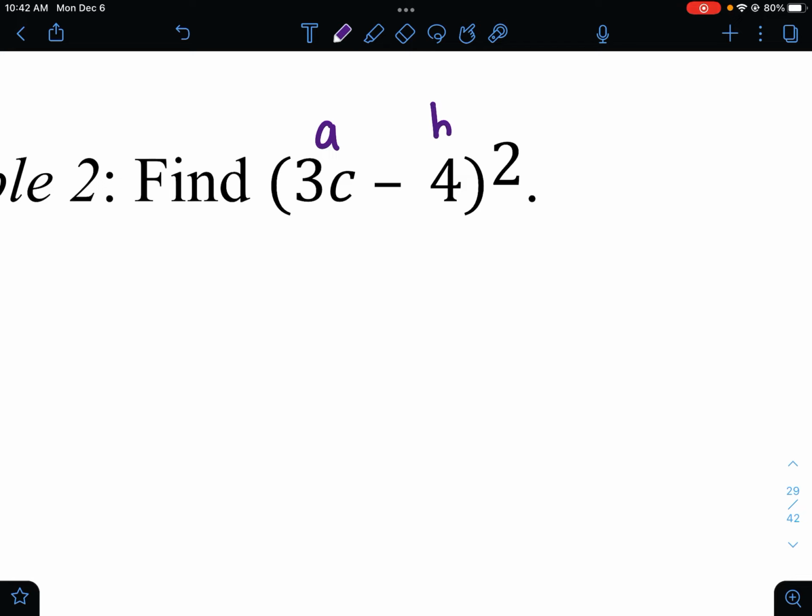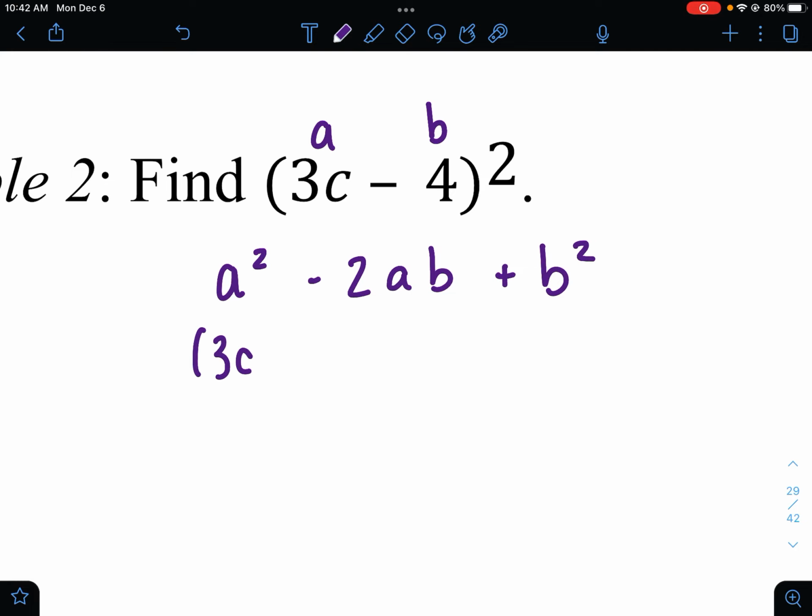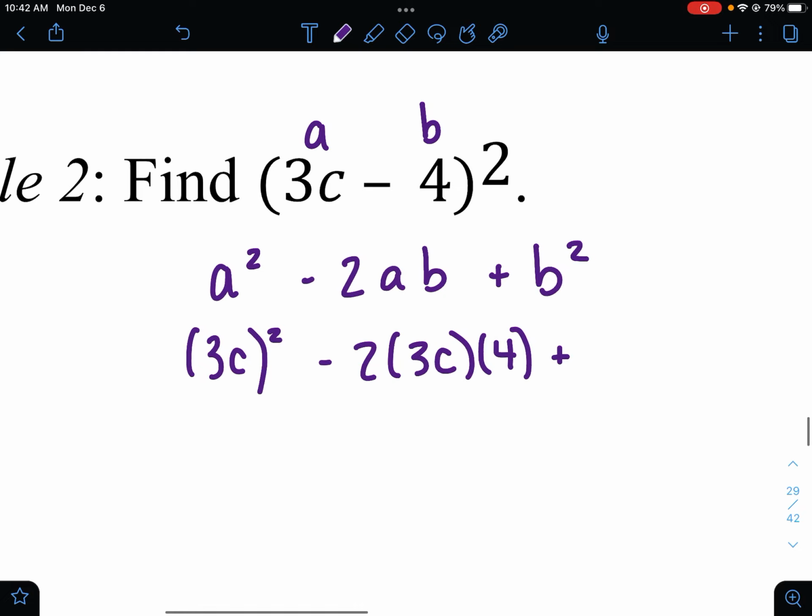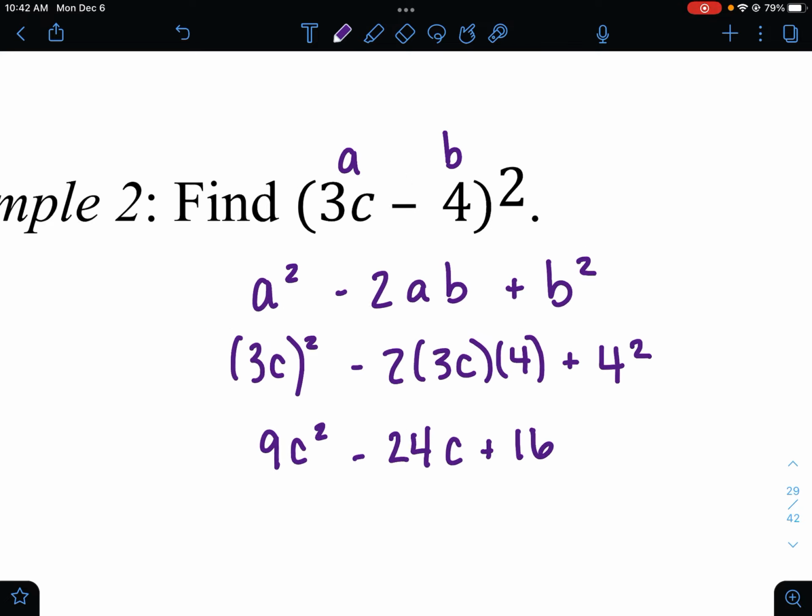So I'll show you the shortcut here. So if we know it's a squared minus 2ab plus b squared, if my a is 3c, that means I would have 3c squared minus 2 times 3c times b, which is 4, plus, sorry, that's a negative 4 squared. There we go. So we would get 9c squared minus 24c plus 16. Okay?